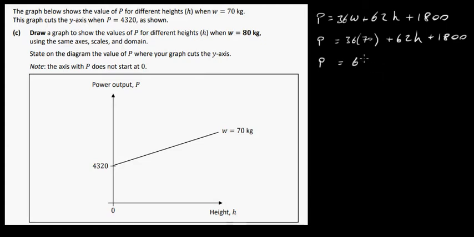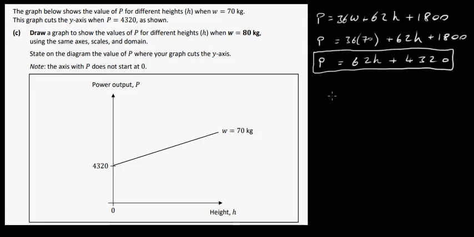So we'll end up with 62H plus 4320. If you put 70 into this formula, you end up with this formula, which is a linear function. It's like y equals mx plus c. So m, our slope, is 62 and our y-intercept is 4320, and we can see it is 4320 here.